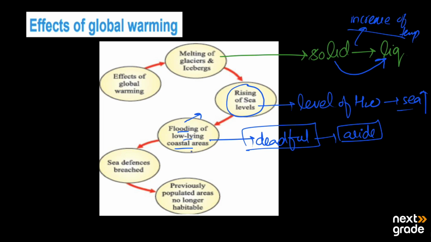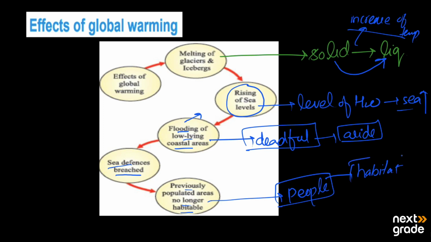When the flooding of the low-lying coastal areas happens, the sea defenses are breached, and the previously populated areas will no longer be habitable. It means the populated areas will have more water, and the people will not be able to get their habitat there, and they will have more problems.